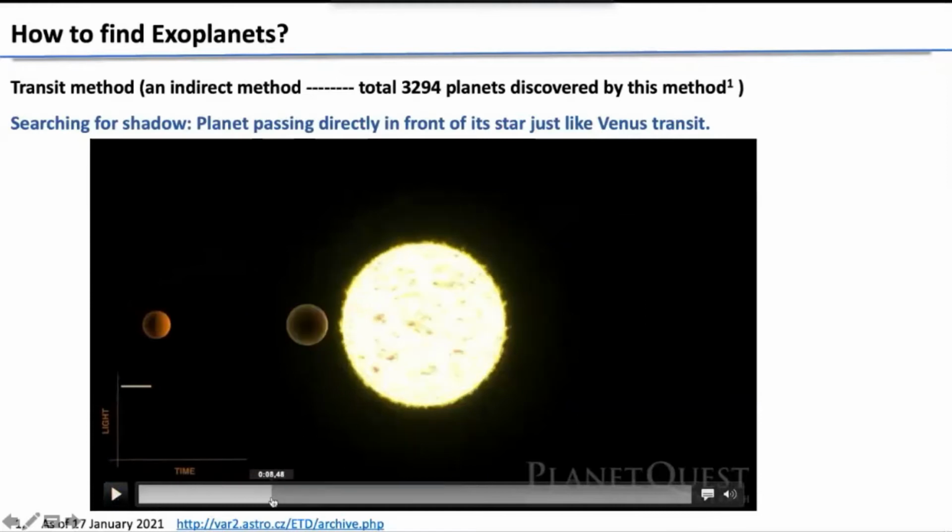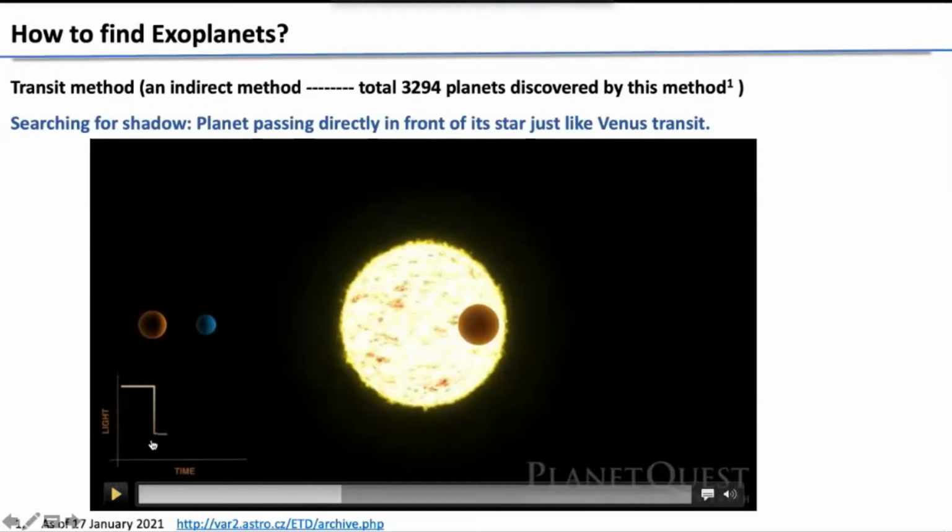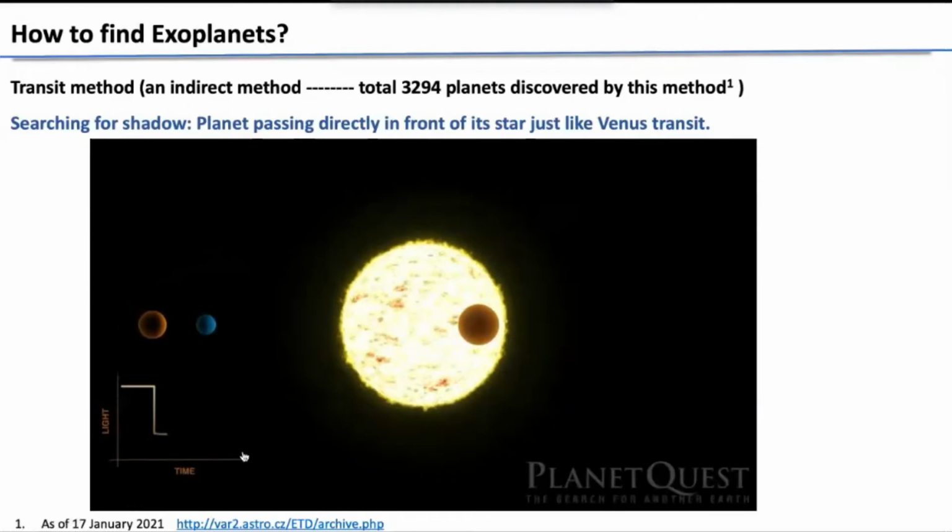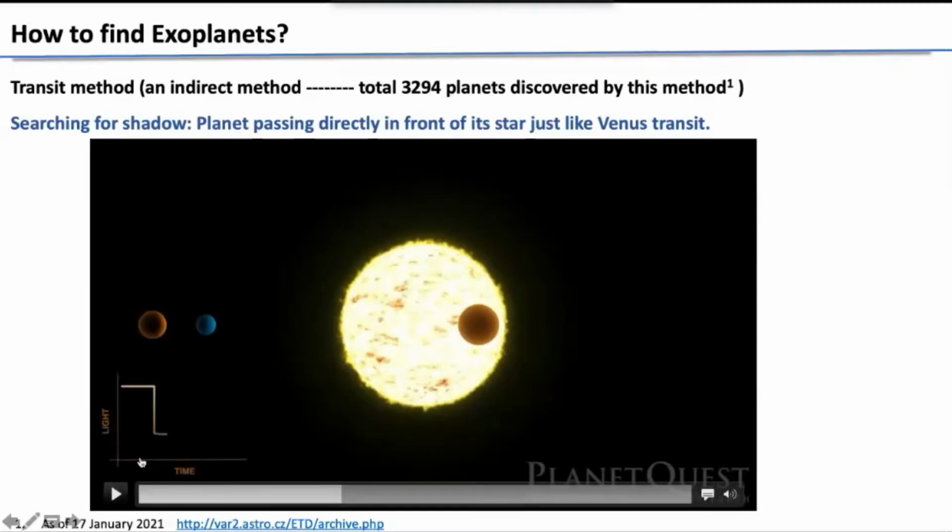When there is no planet transiting in front of the star, you measure some luminosity of the star, and then if there is an object passing in front of the star, you will see a drop in that luminosity. That's a way to see if there are planets around a star or not.